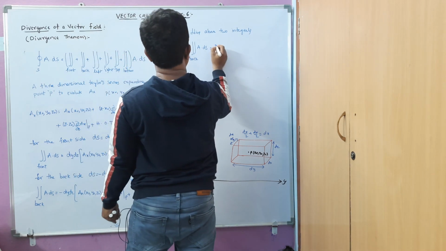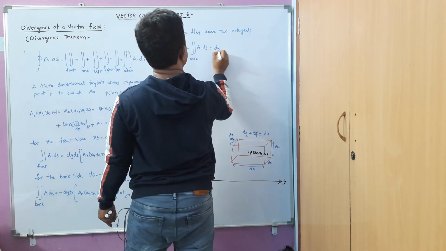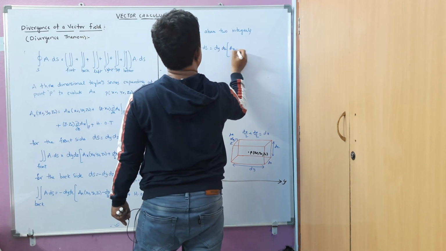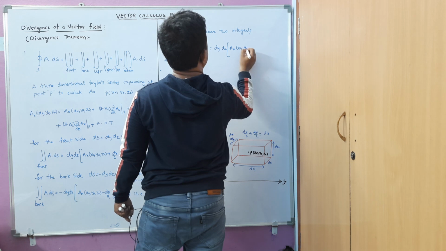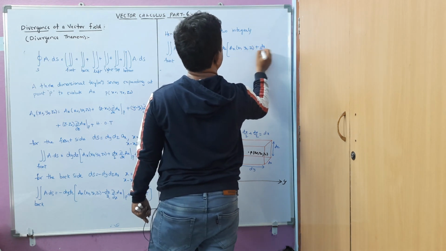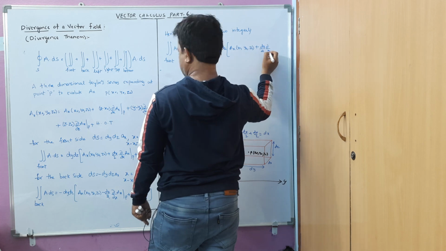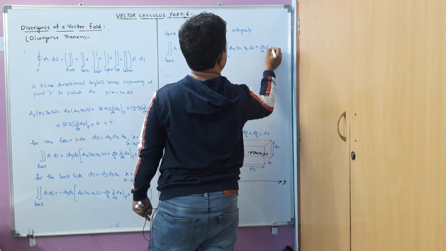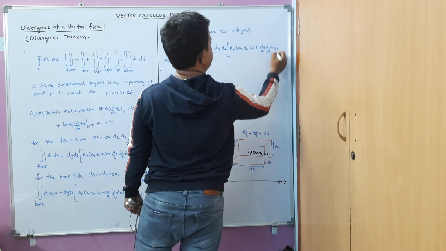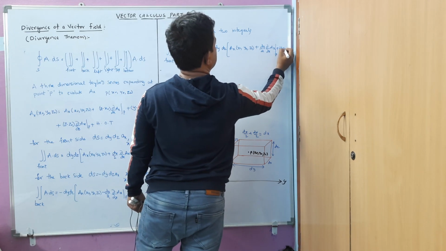So let me write all the equation: dy dz times Ax of x naught, y naught, z naught plus dx by 2 dou by dou x of Ax at point P plus higher order terms.